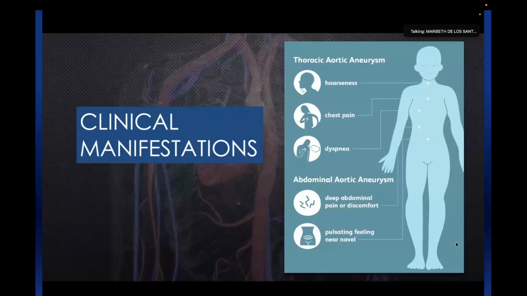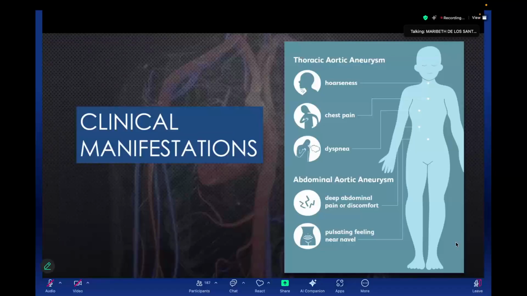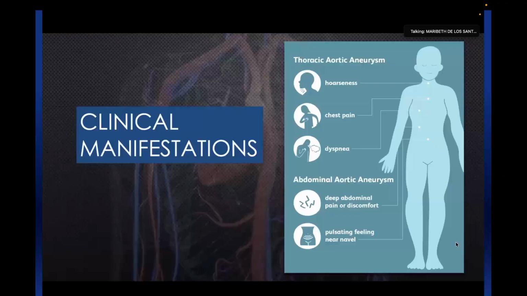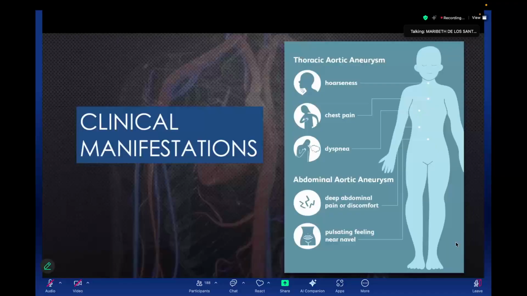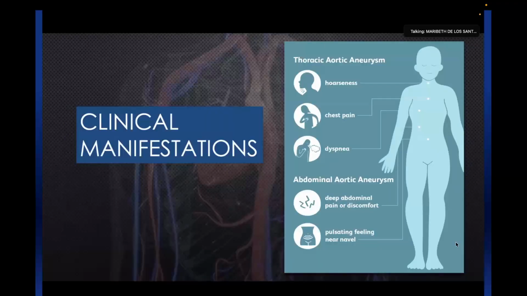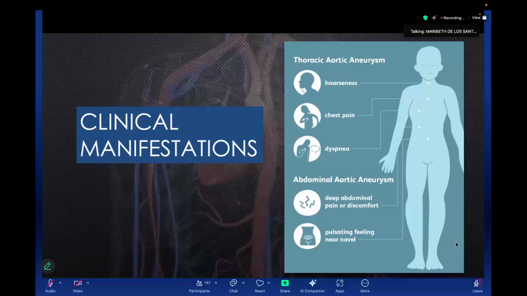An abdominal aortic aneurysm, just like thoracic aneurysm, commonly produces no symptoms. It usually is detected on routine examination as a palpable, pulsatile, expansile, and non-tender mass. Or it is an incidental finding observed on an abdominal imaging performed for other reasons.